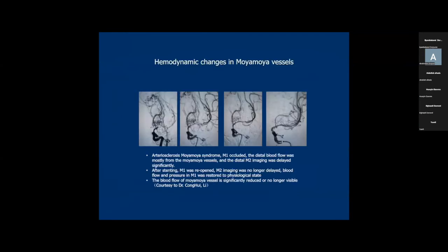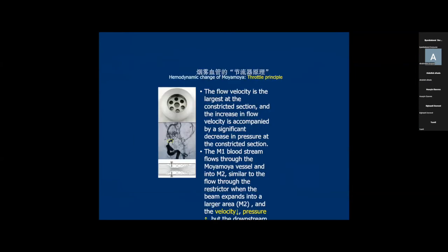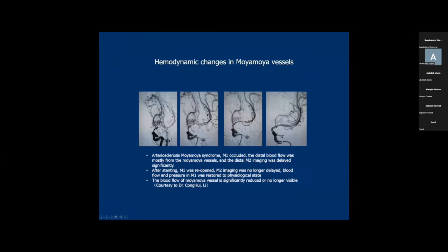Actually, this is what I call the throat principle of hemodynamic change of Moyamoya. This is just like a throat. This is the hemodynamic change before and after. This is a Moyamoya syndrome.